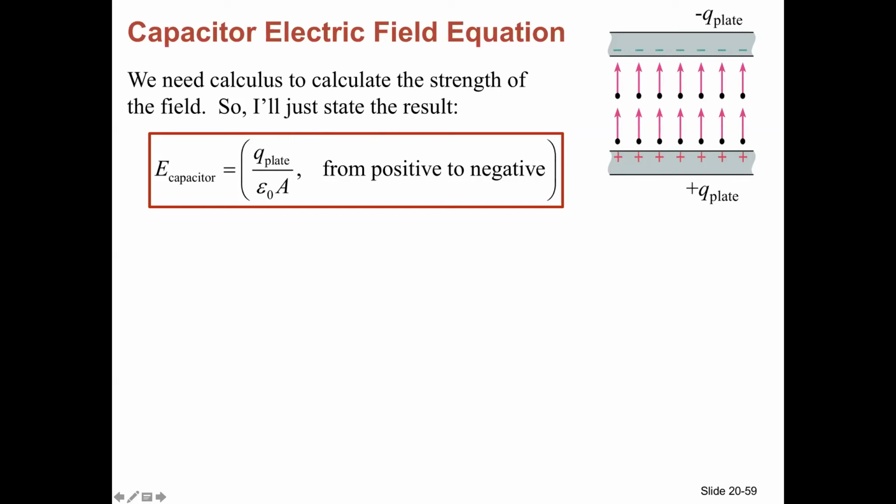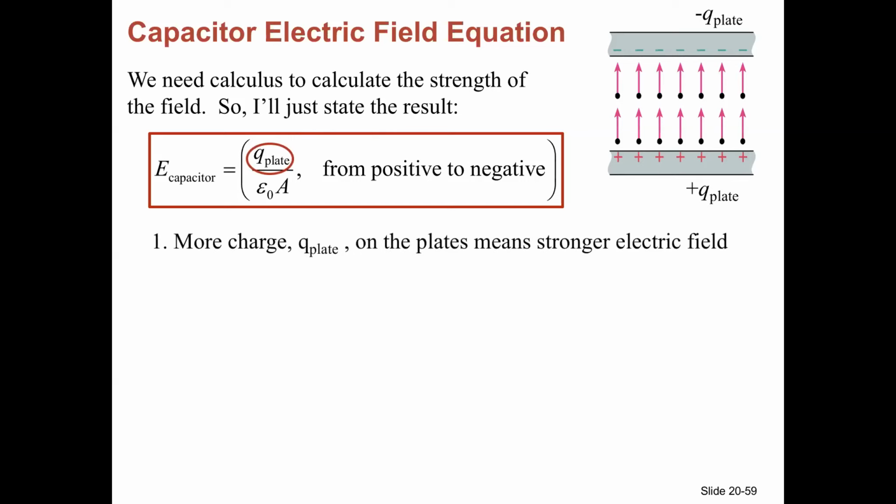The negative plate will be equal, but with an opposite sign. That's in the numerator because more charge on the plates will make the electric field in the inside region stronger. The other thing this electric field depends on is the area of these plates.